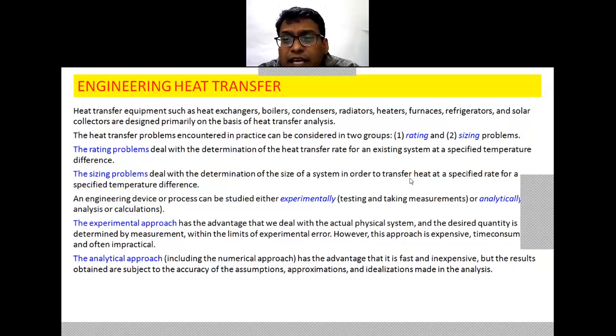And one can be there, the experimental and analytical analysis has to be carried out. The experimental approaches are time consuming and require a lot of effort and energy. However, with the analytical approaches, the results are faster with a minimum amount of energy. So the analytical approach has the advantage that it is fast and inexpensive, but the results obtained are subject to the accuracy of the assumptions, approximations, and idealizations made in the analysis.